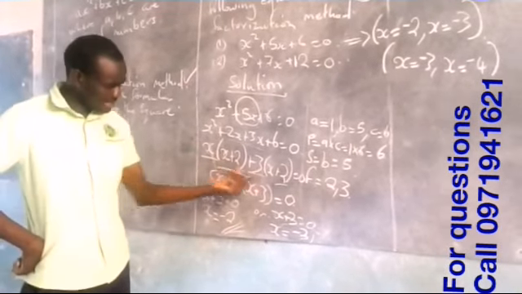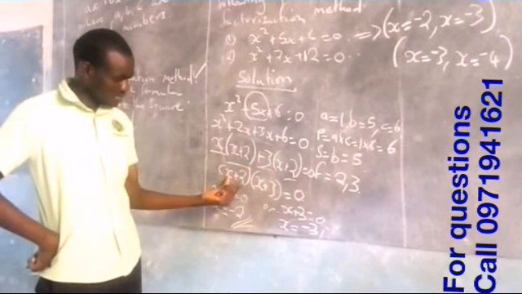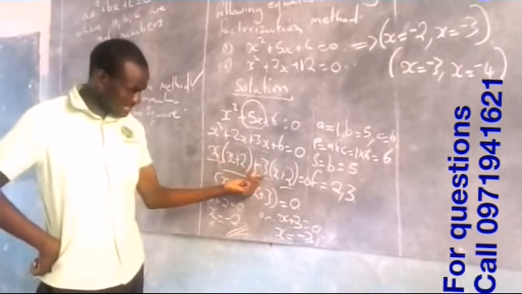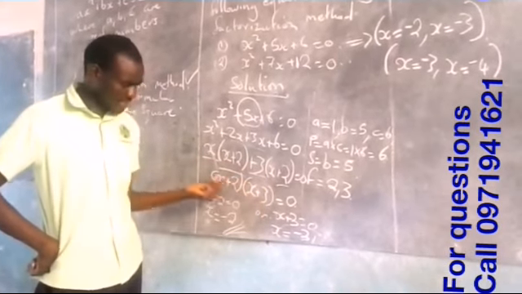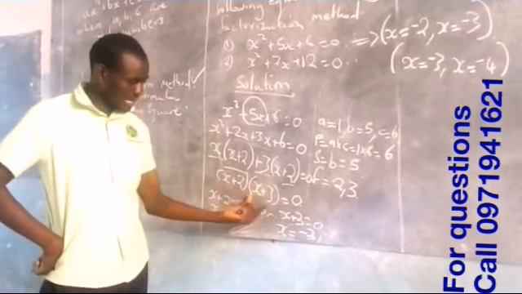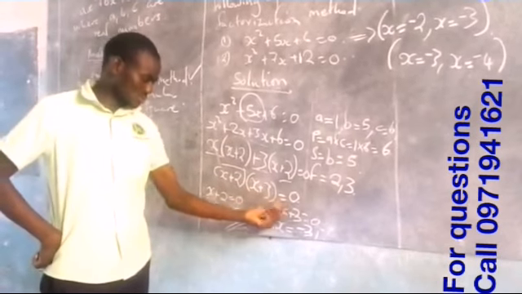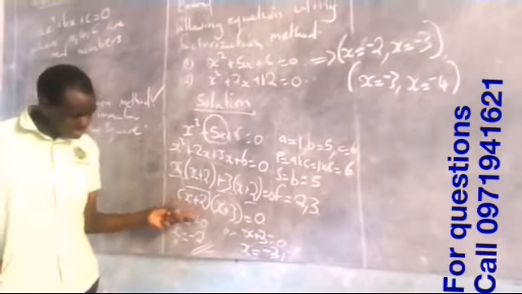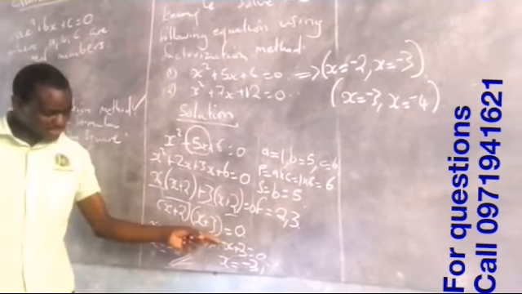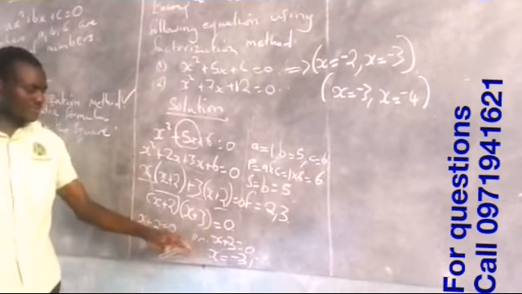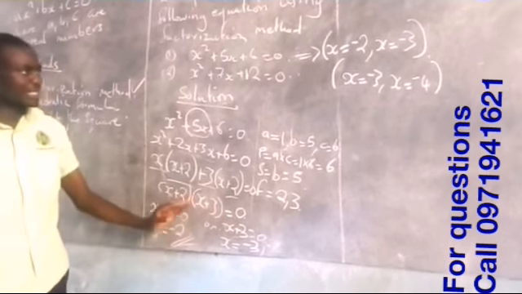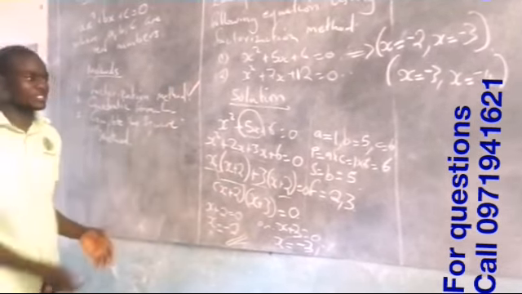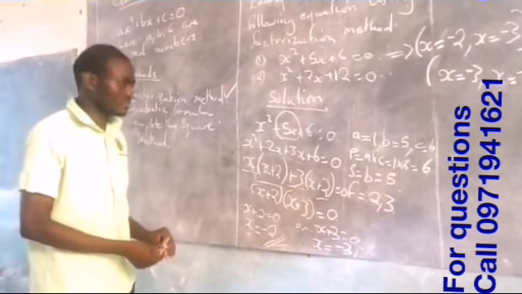Since this bracket and this one are the same, you put the x and the plus 3 together. Then you have x plus 2 and x plus 3 is equal to 0. To solve it, you equate each bracket to 0 and find your answers. This is the whole that I wanted you to learn for today.